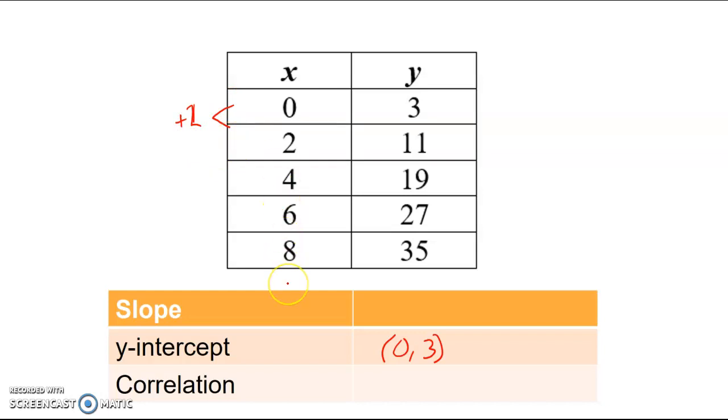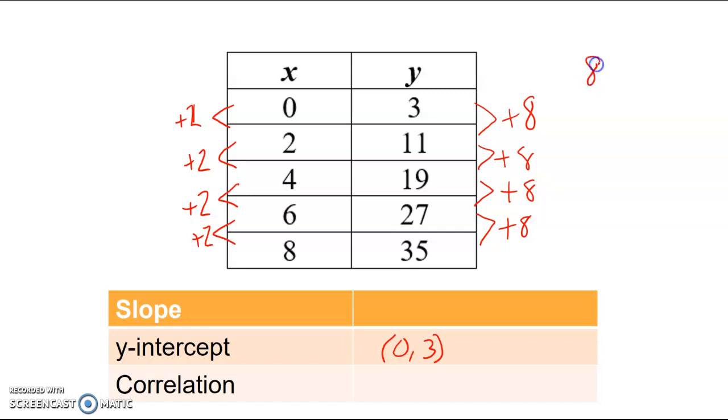I'm going up by 2 every time. So I'm increasing by 2. So let's see what's happening on my y column. Here, I am increasing by 8. Every time I'm increasing by 8.